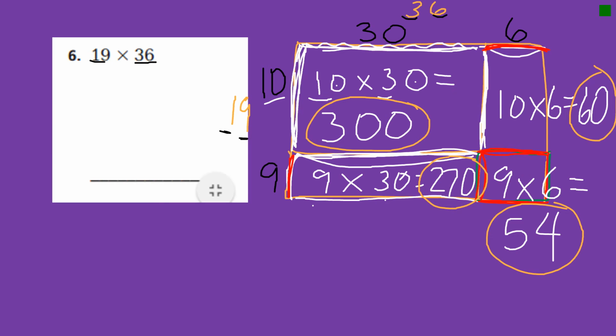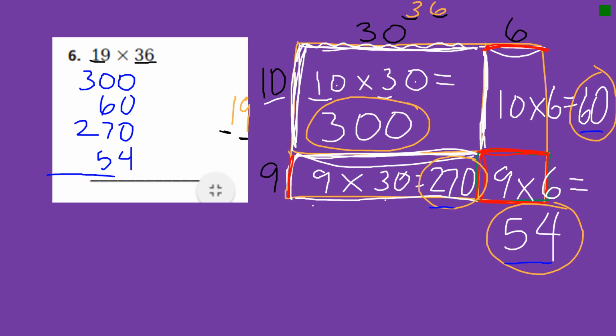What do we do with all those partial products now? We put them back together to find the actual product. Okay, so there's 300, and there's 60, and 270, and then 54.